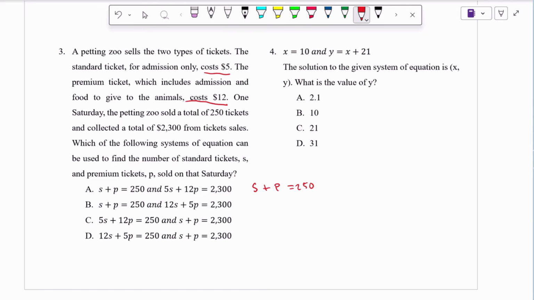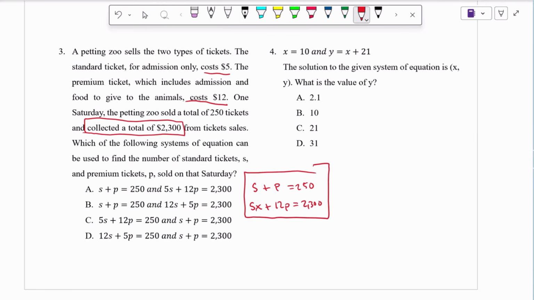Moving on, it says it collected this much money. So I go back here. My standard tickets were $5 plus my premium tickets were $12. That equals 2,300. If I have 2 variables, I need to have 2 equations.